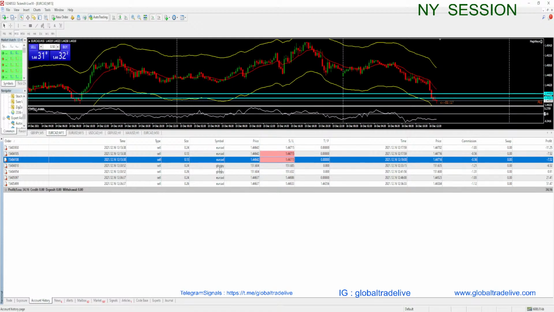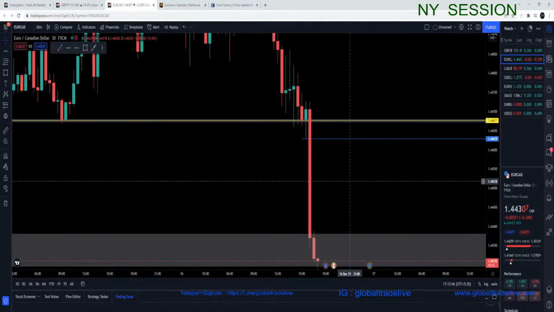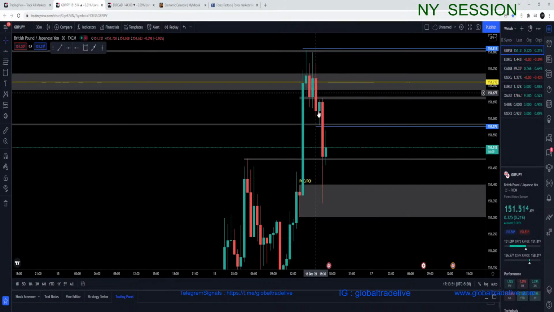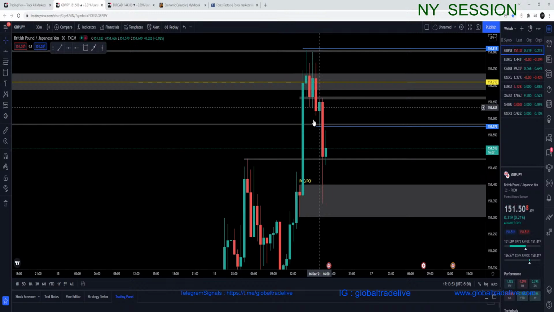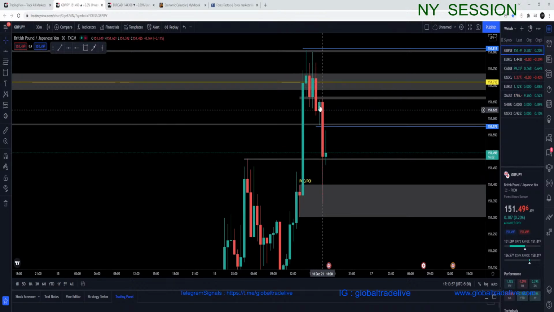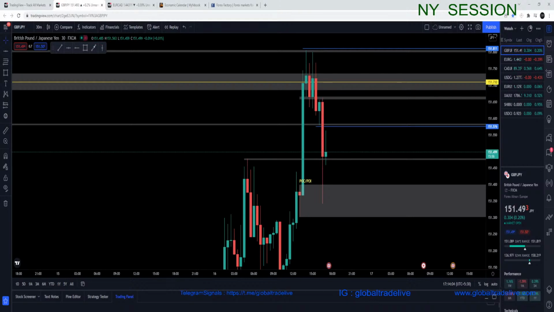And the second trade I took was a sell in GBP, and that sell was when this candle broke this low over here. This candle closed below this area, right? And when this candle broke this low, I executed a sell, but the market rejected this area. So let's get back to how I managed the risk.